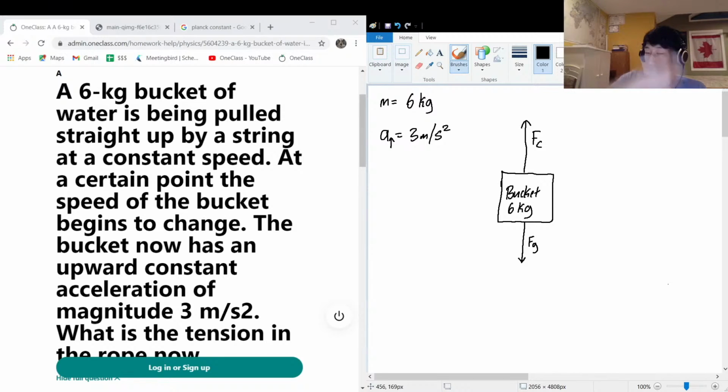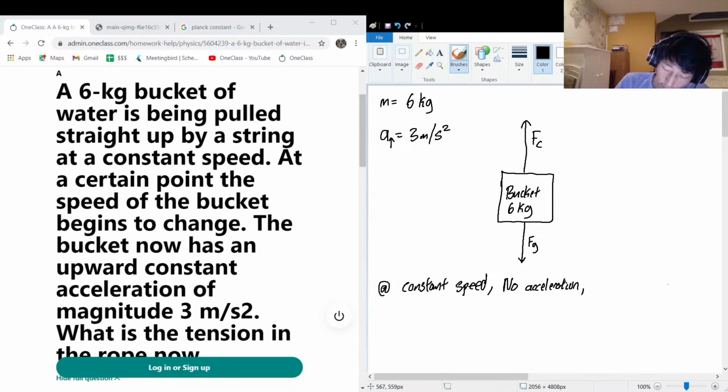Okay, so when it's moving at a constant speed, there's no acceleration. No net force, meaning that Fc is equal to Fg. Okay, and that's when it's moving up at a constant speed.